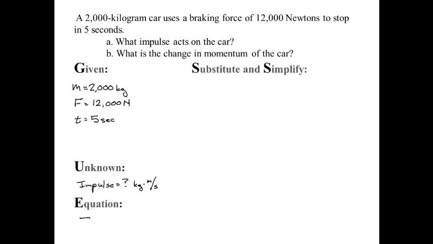Now, I can pick the impulse part of the equation and then make it equal to the characteristics that I have, force times time. So now let's substitute numbers for letters. Impulse equals, in this case, force is 12,000 times time, which is 5 seconds.